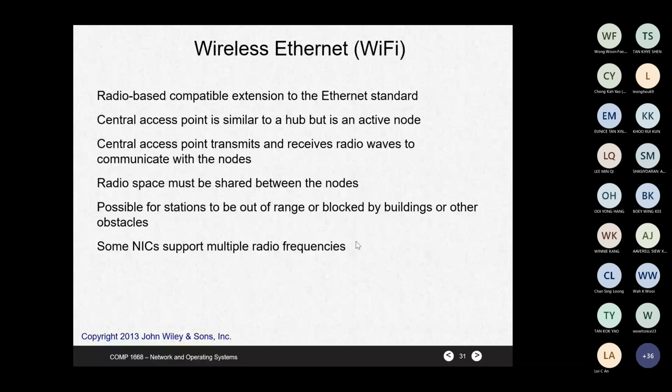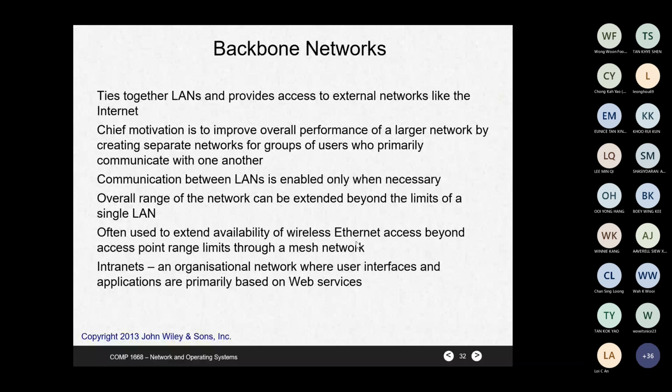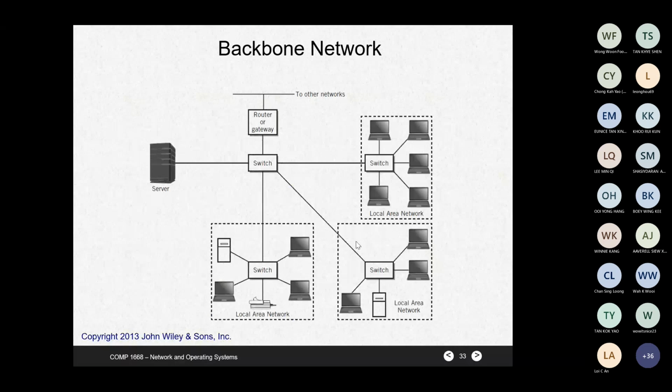Backbone network: if there are two LANs, how are the two LANs connected? Through the backbone, and most of the time we will be using fiber. As you can see in the diagram, there are 3 local area networks with 3 switches at the local sites, connecting to one main switch, and the main switch is connected to the server.